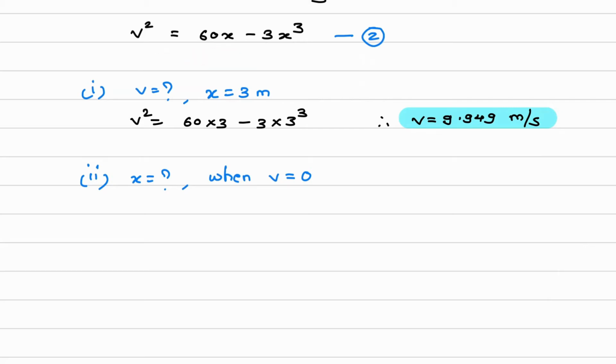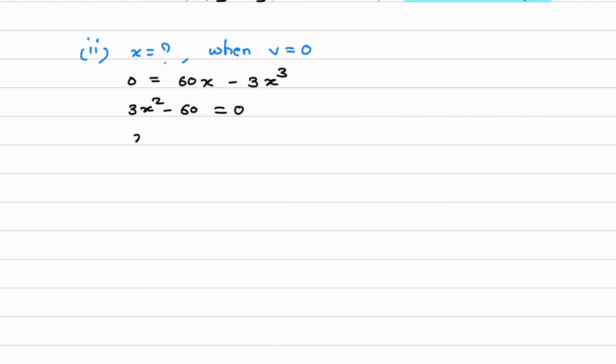Velocity is 0, so left hand side will be 0 equal to 60x minus 3x³. Now in this equation you can take x common, so we can write this as 3x² minus 60 is equal to 0. You can solve this equation. You will get x value as plus minus 4.47 meter. So this is question number 2.